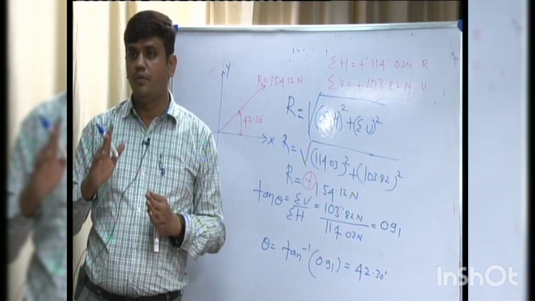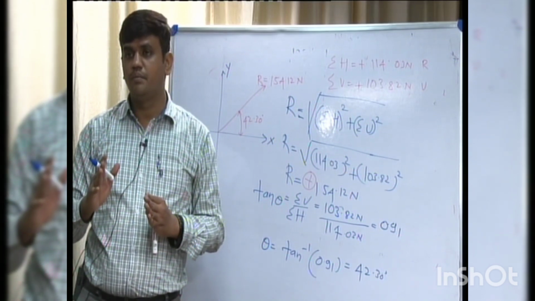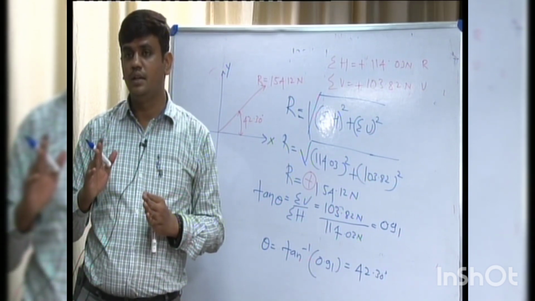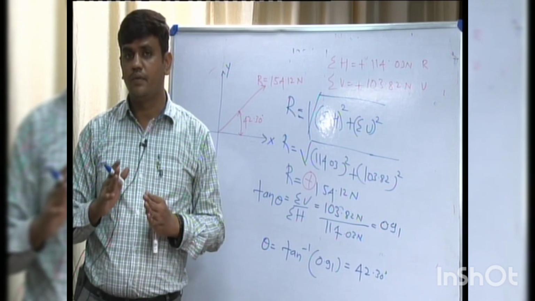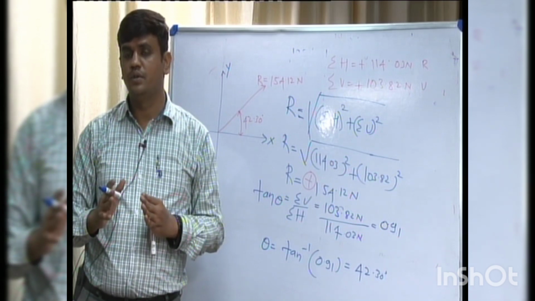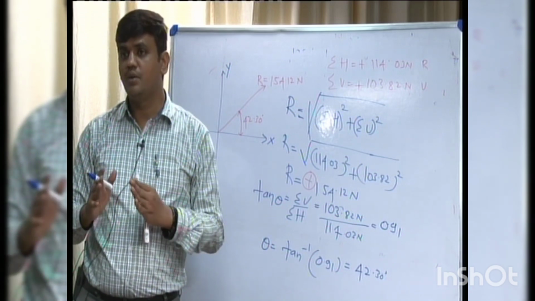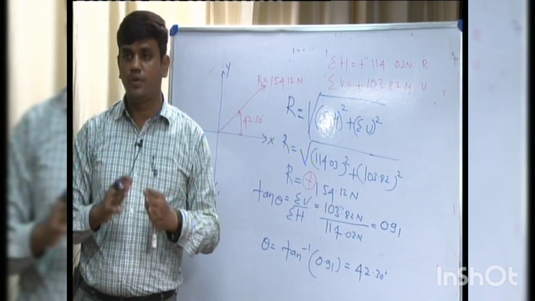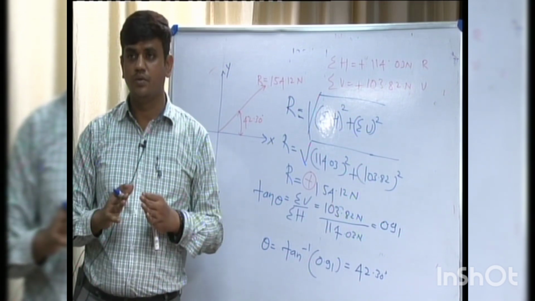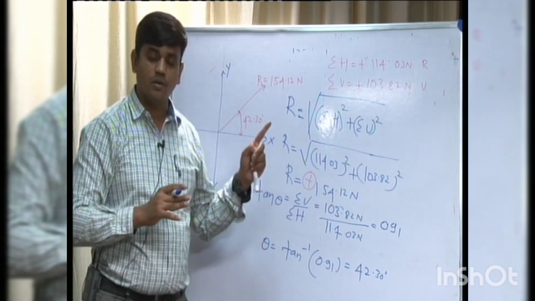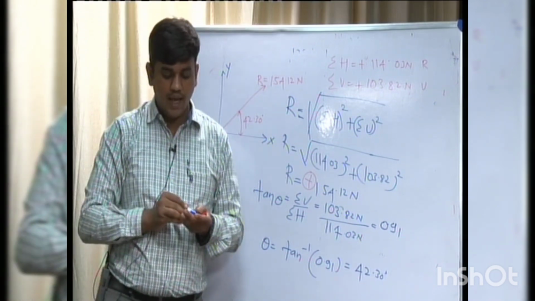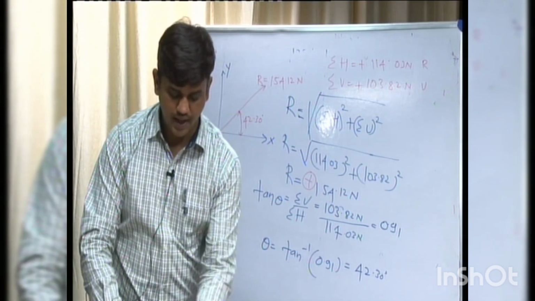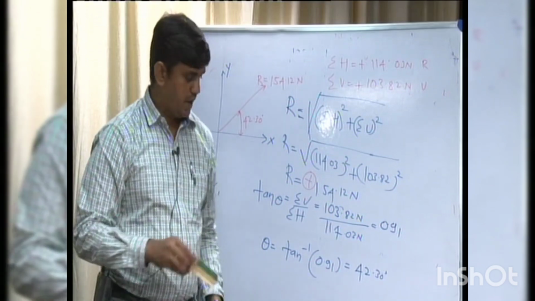Remember, you have to take care of the sign, positive and negative: first quadrant positive positive, second quadrant negative positive, third quadrant negative negative, and fourth quadrant positive negative. And most importantly, you have to take care of which axis the angle is made with.